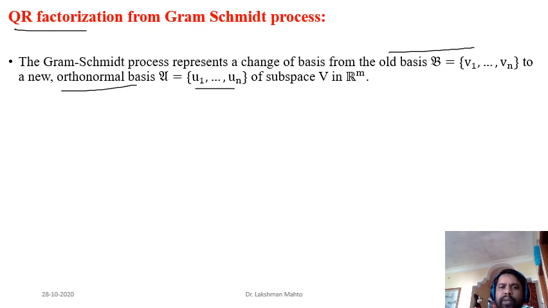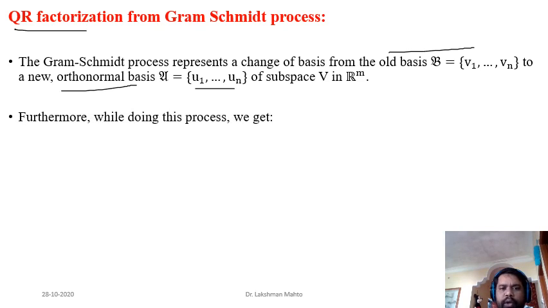All these happen to be orthonormal in nature. The construction happens in such a way that ui is constructed from vi in a standard way, with the help of orthogonal projection.